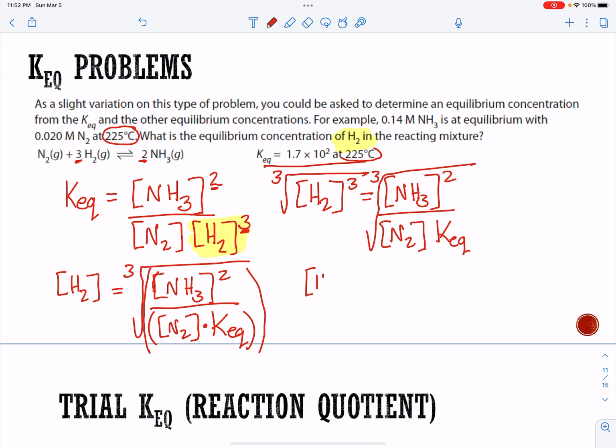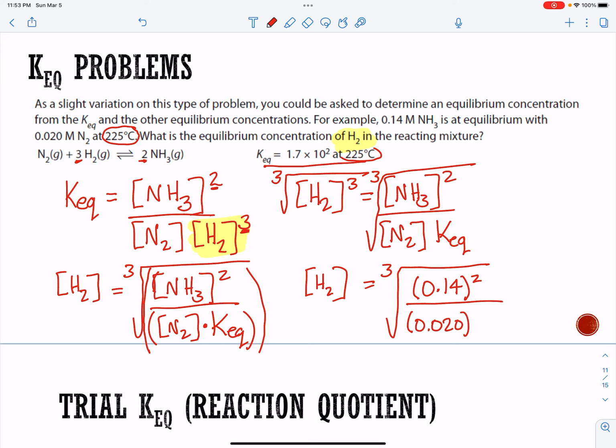So I'm going to go ahead and substitute all the values in now. My concentration of NH3 is 0.14 squared. On the denominator side, I've got a concentration of 0.020 for the nitrogen concentration, and the KEQ is given down below, 1.7 times 10 to the second.